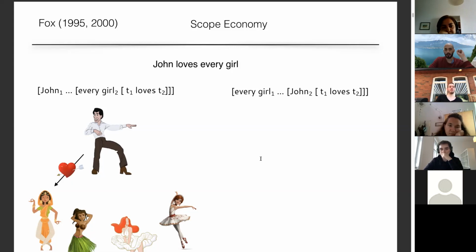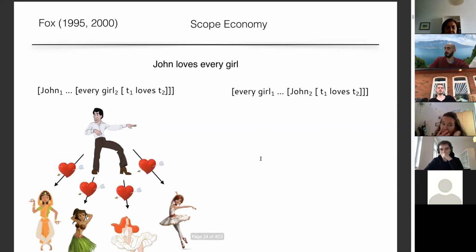Okay? So he loves this girl here. He loves this girl here. He loves this girl here. And he loves this girl here. So he loves all of them. So is it true that John loves every girl in this scenario? Yes. Good. Let's play the same trick with the other sentence, with the other scope configuration.